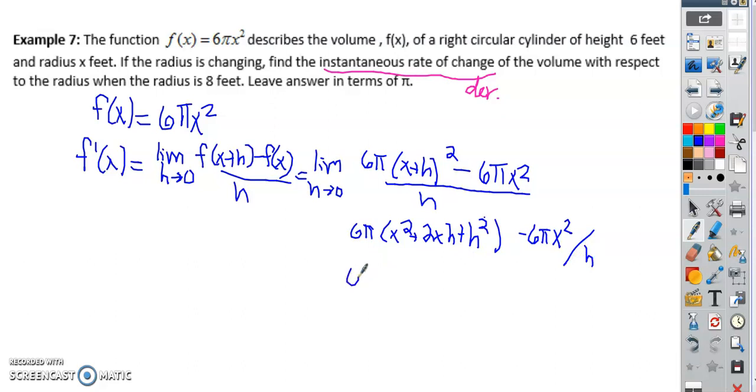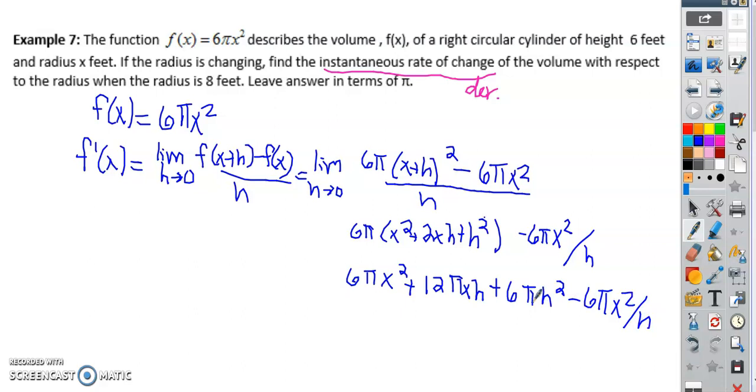So I get 6 pi x squared plus 12 pi xh plus 6 pi h squared minus 6 pi x squared all over h. So here I look for what cancels. My 6 pi x squared is canceling. I have 12 pi xh plus 6 pi h squared, and that's all over h.